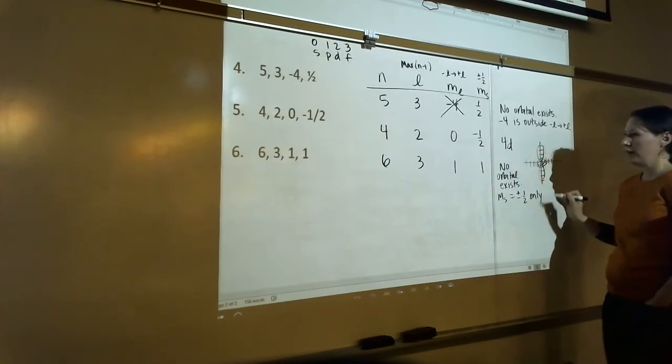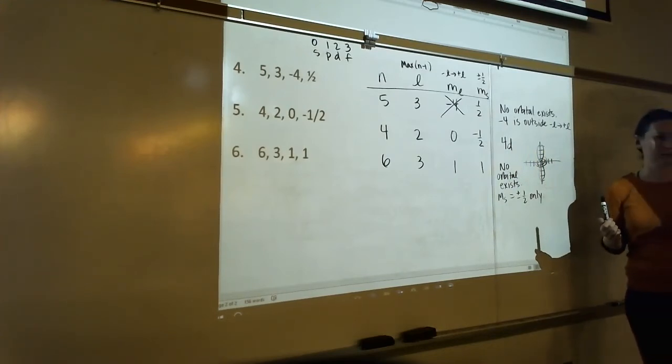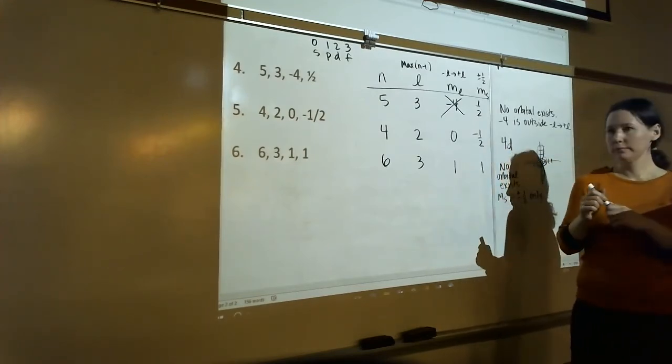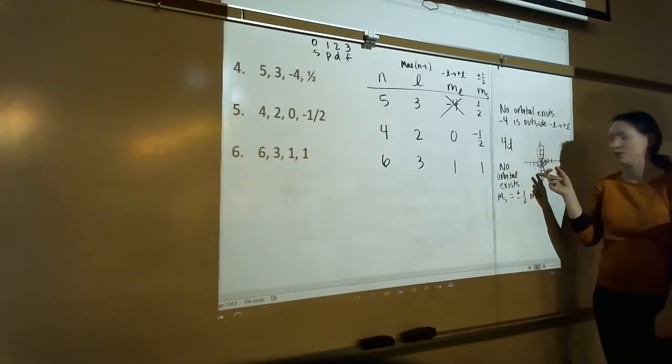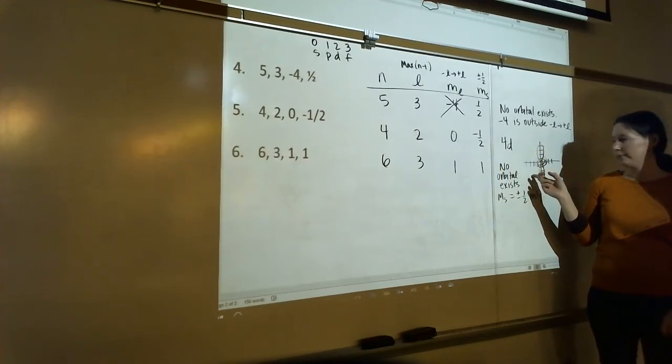All right. Questions? How do we feel about this? Pretty good. Again, what's the reason why we're doing this? It's leading us to electron configurations. Why are we drawing these goofy little shapes? These shapes tell us the area where it's most likely that we'll find our electron.